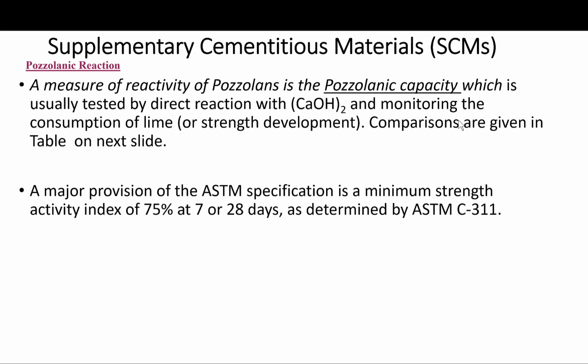The higher alumina content of a pozzolan means higher capacity because, as I mentioned earlier, calcium aluminate hydrate products may form and they have high lime demand. So the higher alumina content, as in the case of the calcined clay or the metakaolin, will show higher consumption, higher capacity, because the added alumina will require additional calcium hydroxide.